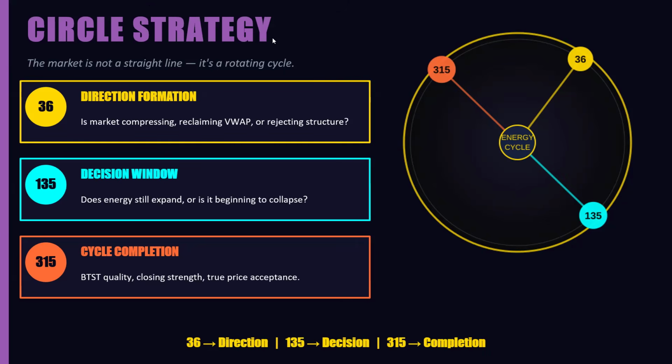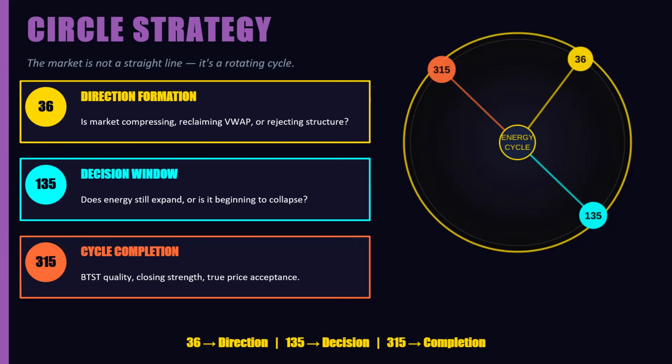So how it is comparable with the circle strategy is, the market is not a straight line. It is a rotating cycle. The 36 time window is direction formation. So you will get to know where the 36 is forming. Suppose the price starts from the 36, it can expand further.